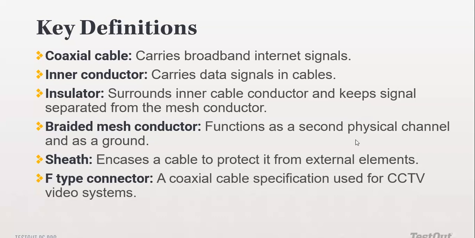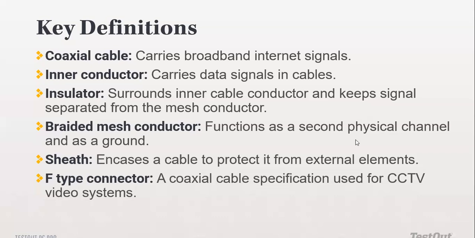So the braided mesh serves the purpose of a ground cable. Now the shed encases the cable to protect it from external elements. It is that outer skin that you see is black, because the insulator inside the cable is white, and the shed is the black part that protects it from external elements. We're talking about sun, humidity, or water, and other external elements.